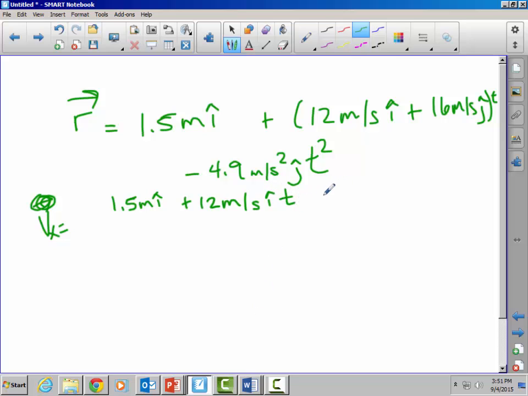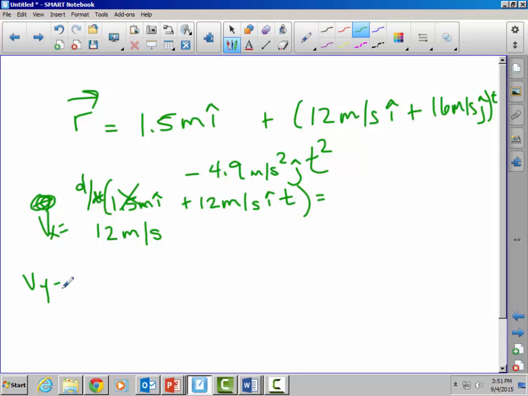So if I take the derivative of this with respect to time, my velocity in the x direction then is just 12 m/s. Because there's no t here, right? So we're going to do d/dt here. And there's no t in this term, so it just becomes 0. And then the derivative of this is just the constant, which is 12.